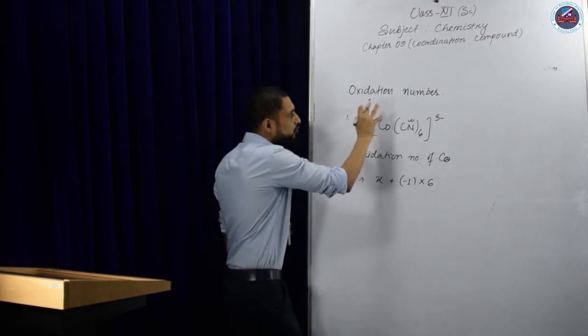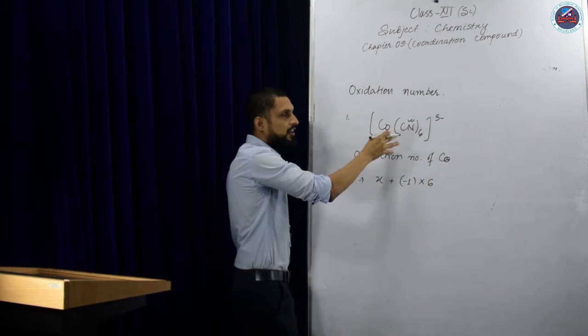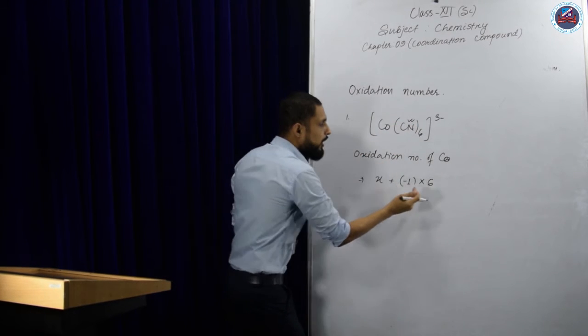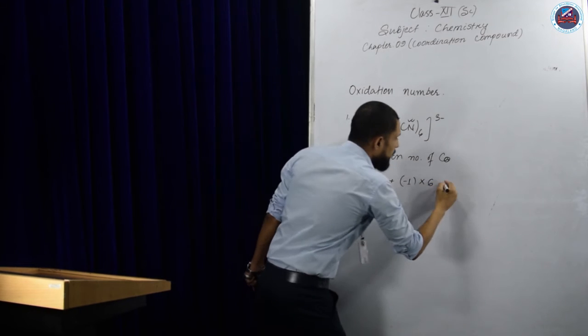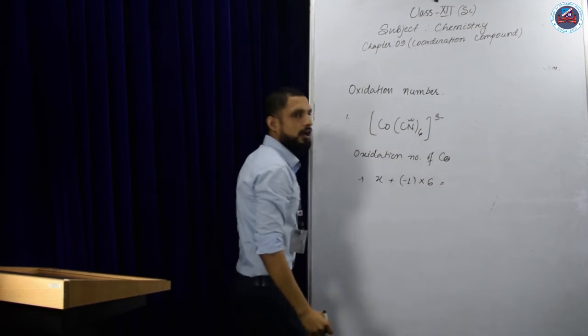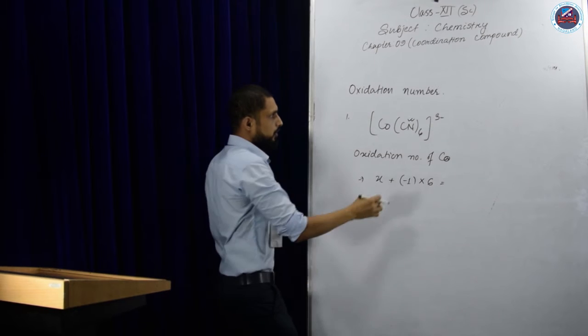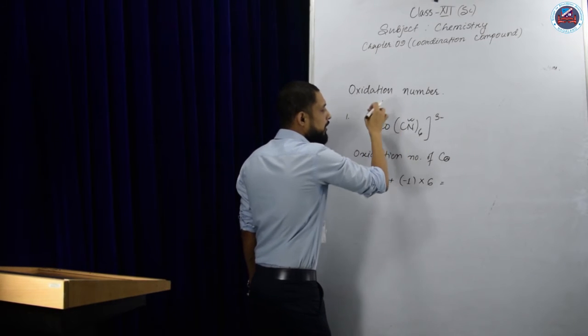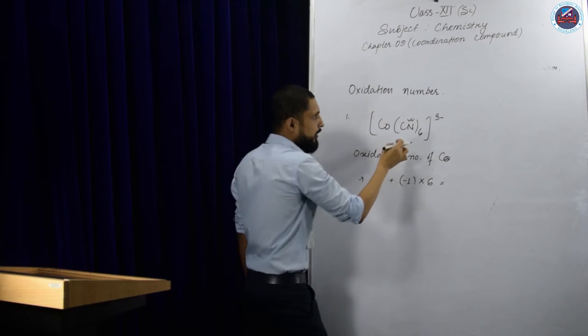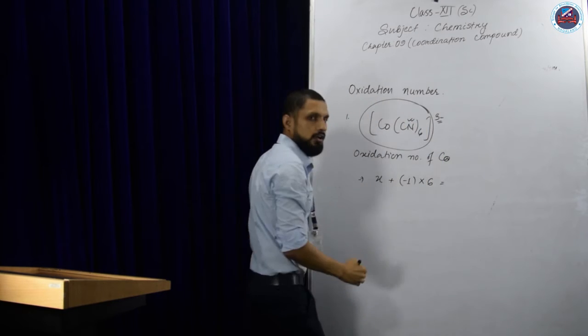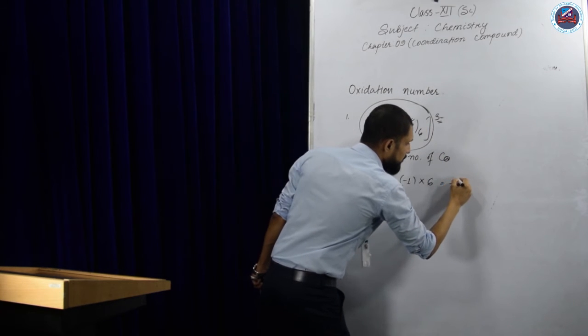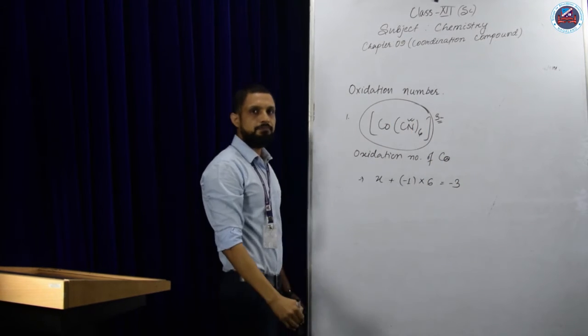Whatever is inside the square bracket, that is the coordination entity, is written on the left hand side. And on the right hand side, we'll write the charge carried by the complex. Here the charge carried by the complex is -3, so on the right hand side we'll write -3.